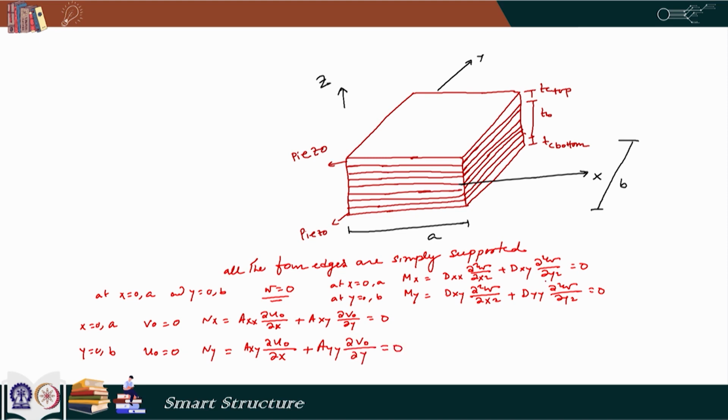So, these are the set of essential and natural boundary conditions. If we can satisfy the natural boundary condition also, that is good. So, in this problem the functions that we have chosen satisfy all the boundary conditions.